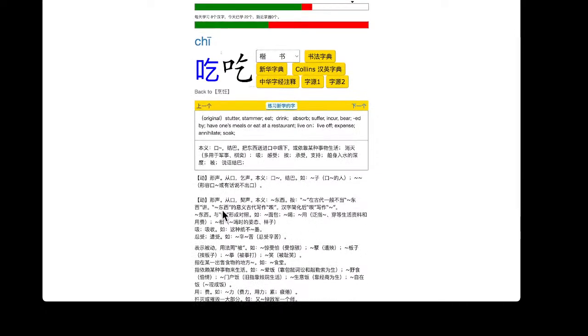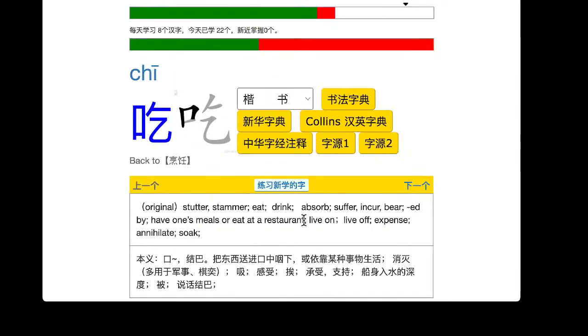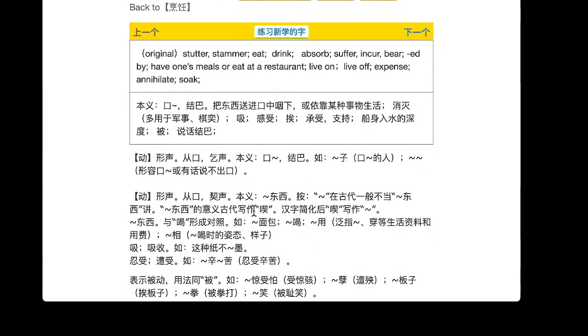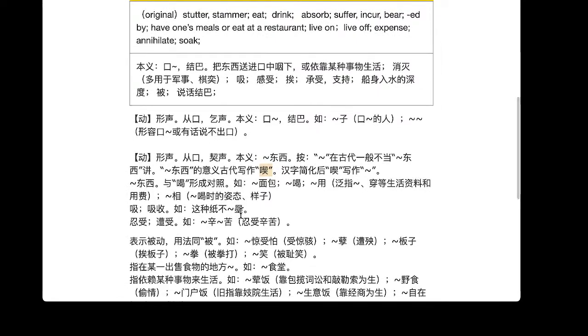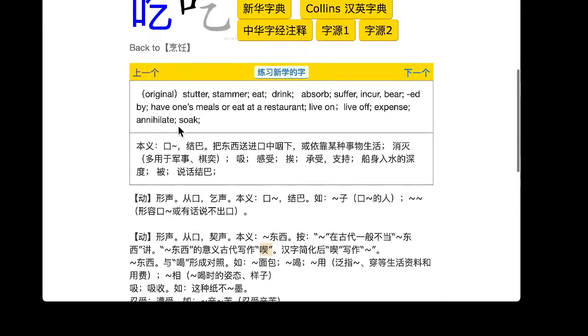Okay, so over here, you see that? Now, when you say 吃东西, which means eat, the older, traditional way, let me make it bigger, this is how they write it. It's this character. Now, when they mean stutter, that's how they write it, like this way.